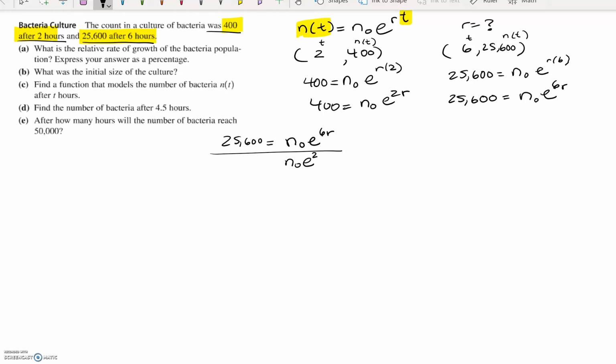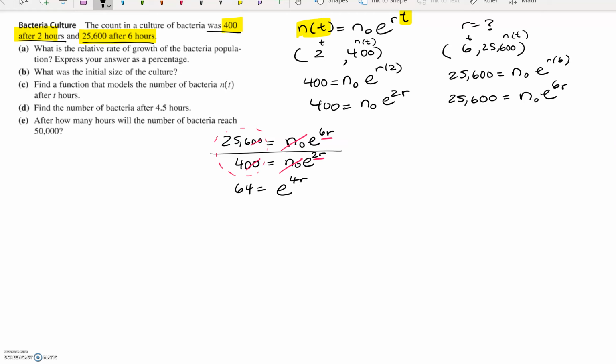That way I can eliminate the N naught altogether. So I'm going to divide the two equations because conveniently N naught disappears. I'll get a number on this side. 256 divided by 4 is 64. And on the right side, same base, subtracting exponents. 6R minus 2R is e to the 4R.